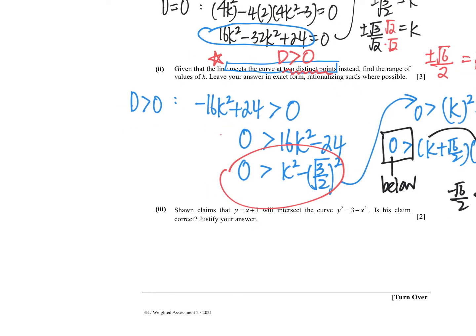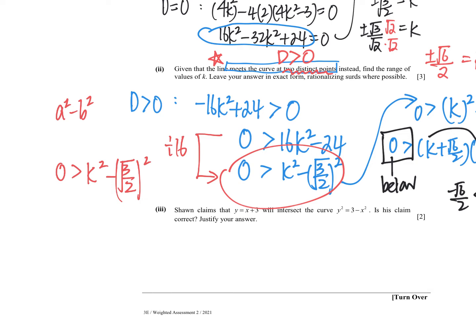Okay, so here to here, I divide by 16. So I get k squared minus 3 over 2 less than 0. I want to apply a squared minus b squared. So I need to make sure this one has a square. The only way to do it is to square root and put a square.